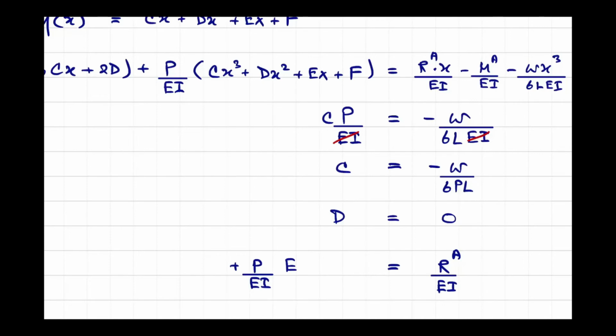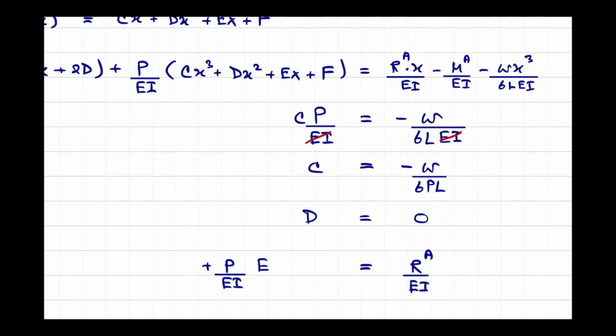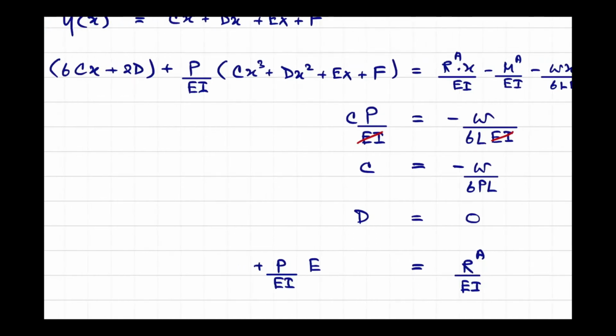So 6 multiplied by C, that makes minus W over PL.